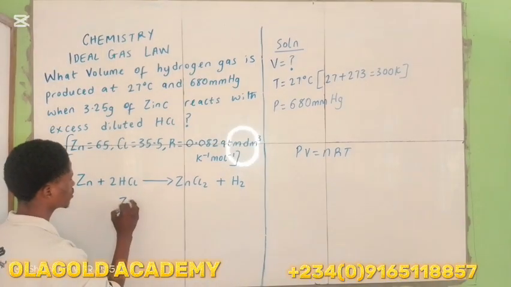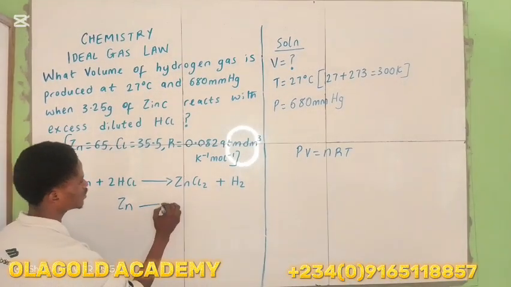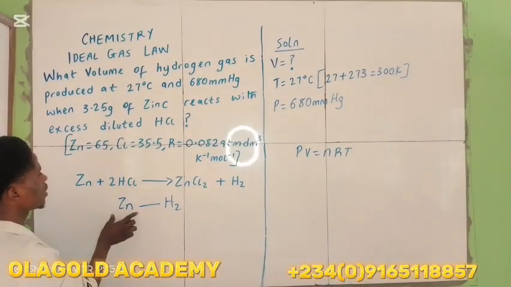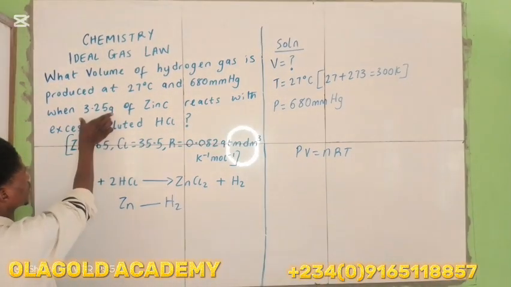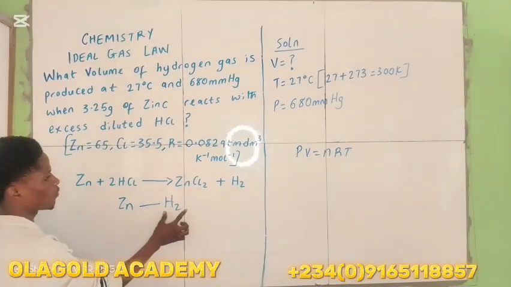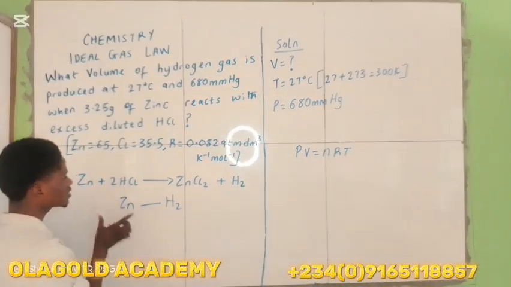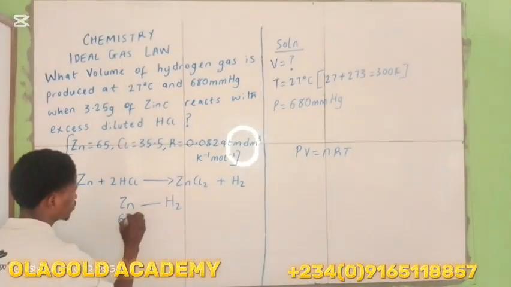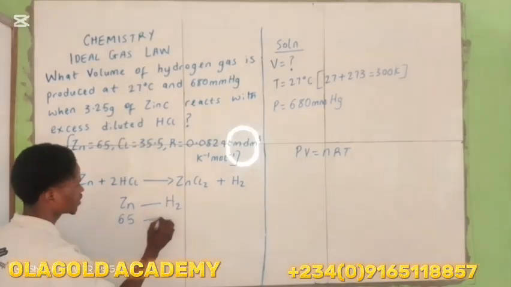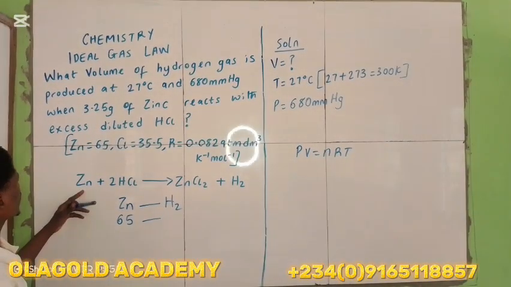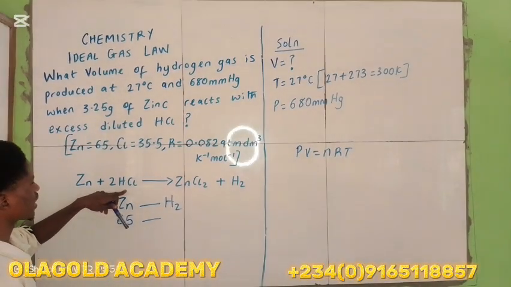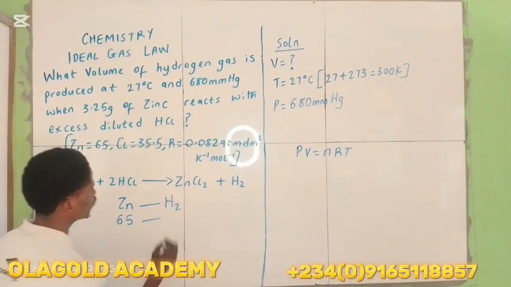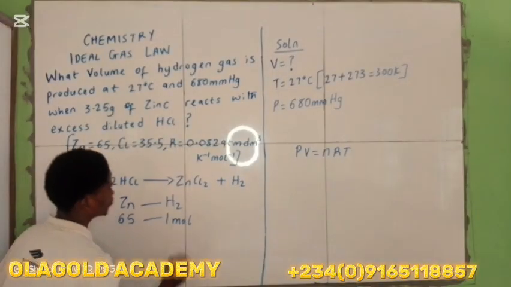We have mass for zinc and we need mole for hydrogen. The standard mass for zinc is 65 grams. If 65 grams react with hydrochloric acid, 1 mole of hydrogen gas is produced.